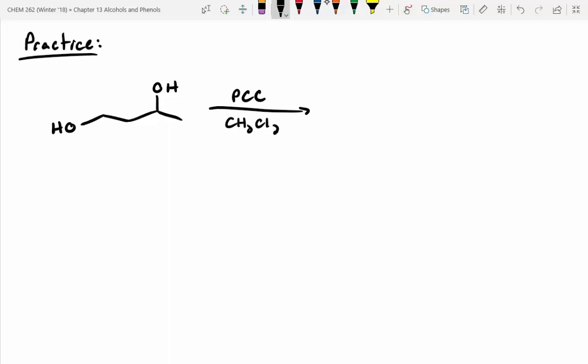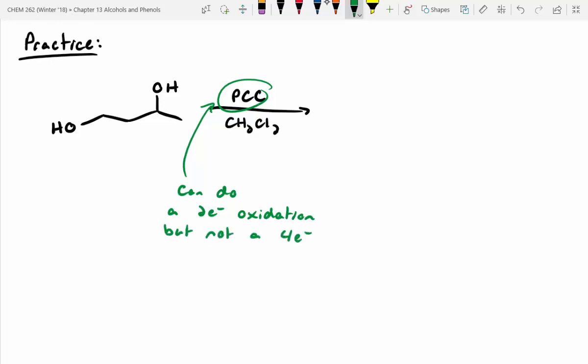And remember, PCC can do a 2-electron oxidation, but not a 4-electron oxidation. And assume you have excess of your PCC too.